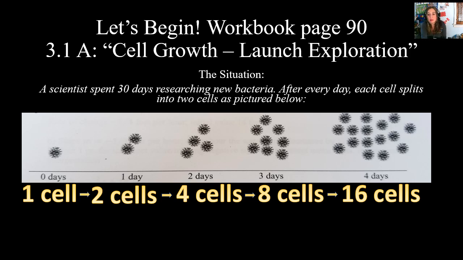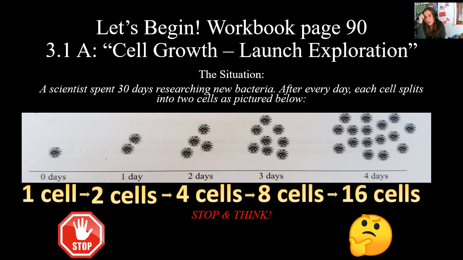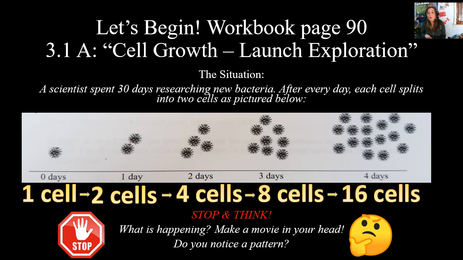Okay, I want you to stop and think about that for a second. Throughout this slideshow lecture, you're going to see me write these words, stop and think, with the little stop symbol and the little think symbol. That is your cue to pause this lecture and really think about or work out what I am asking you or what is happening.